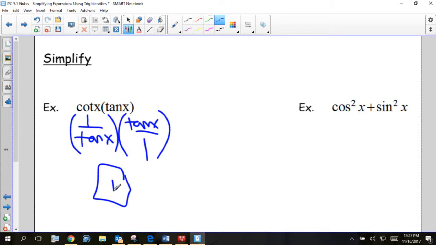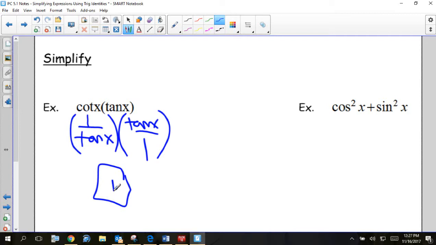Simplify. How about cosine squared x plus sine squared x? We need to add those together. So right before lunch, we were doing Pythagorean identities. Pythagorean identities are when you have them squared.